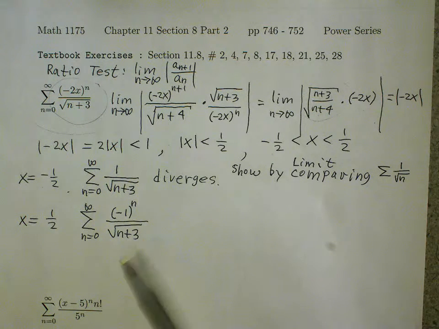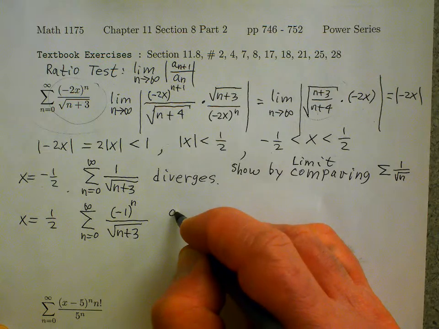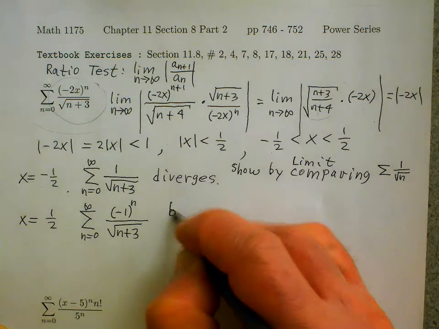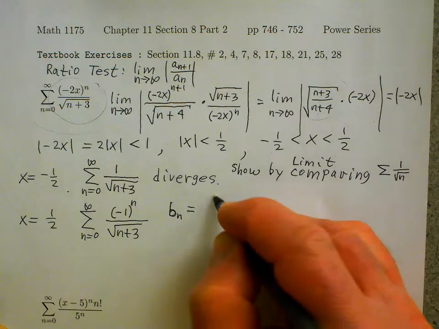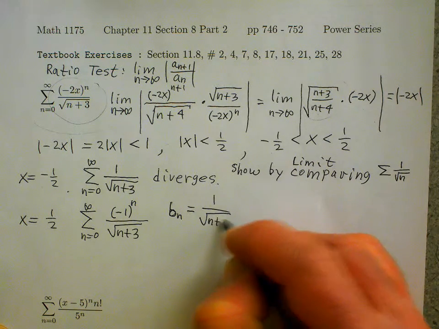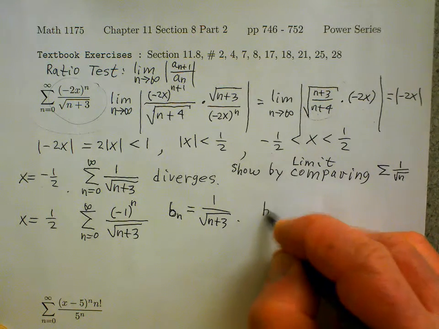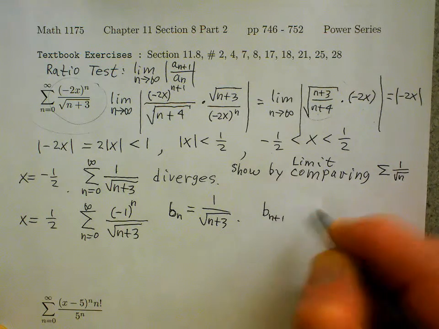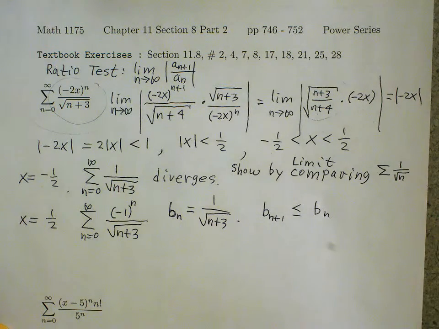So this one, the alternating series test applies. If we use the letter b sub n, if our b sub n terms are 1 over the square root of n plus 3, it's pretty easy to show that the series decreases as n gets larger.